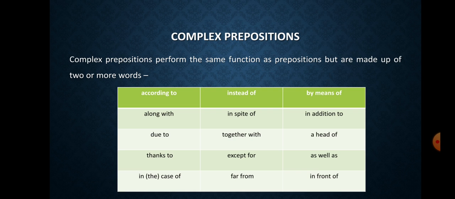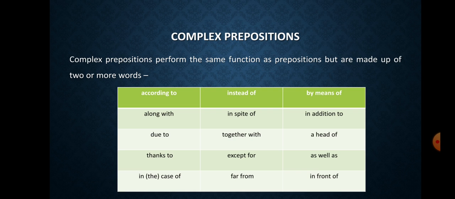Here we are going to learn complex prepositions, which perform the same function as prepositions but are made up of 2 or more words. The following are examples of complex prepositions. They are according to, instead of, by means of. Look at the third example, by means of. This is the best example for 3-word units.